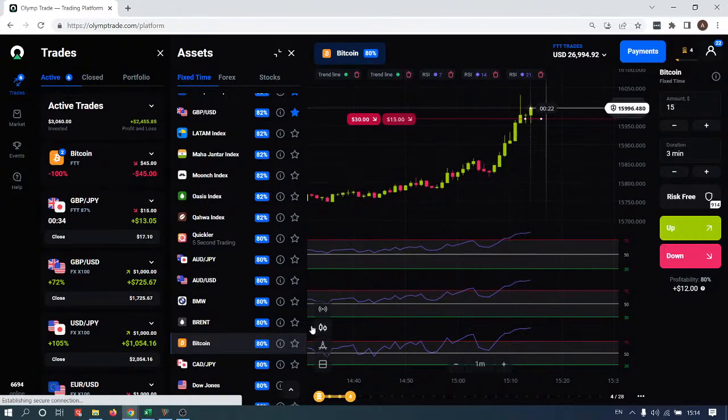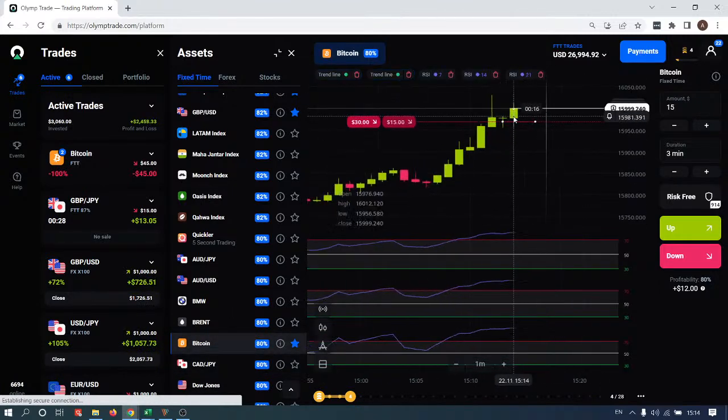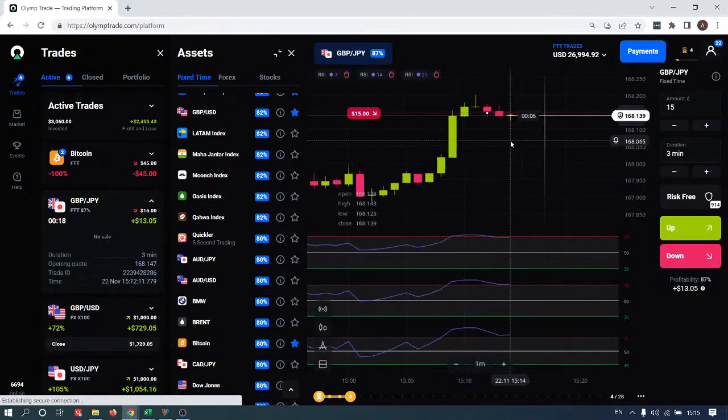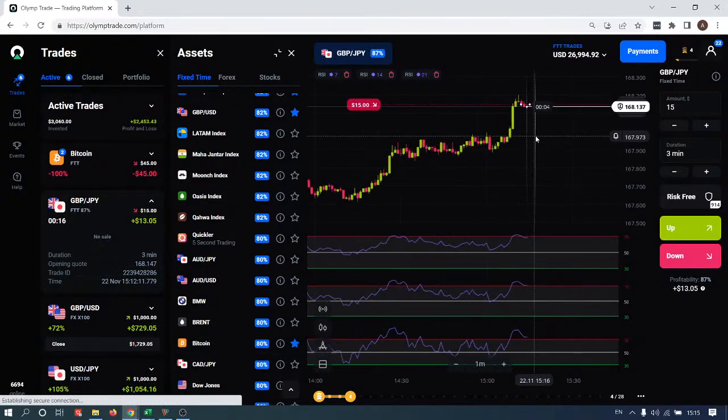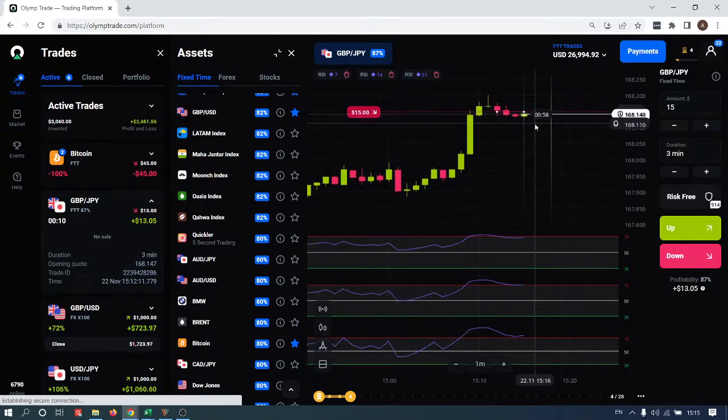Right, guys, my next trade comes on this nice little chart, which is Bitcoin. As we can see, it is overbought on all three RSIs that belong to this trading strategy. GBP, JPY. All right, so let's see how my trade goes, because I think I want to open another trade here.